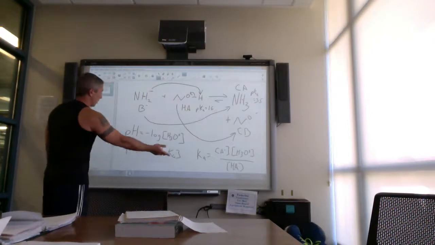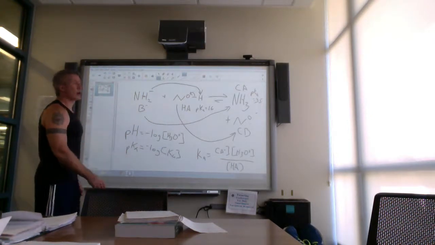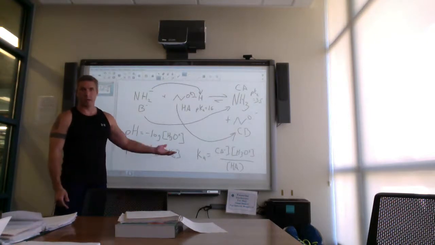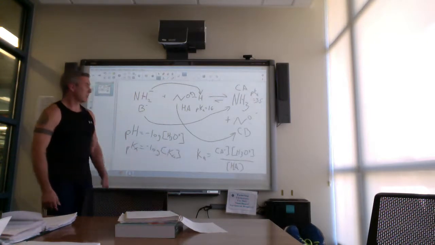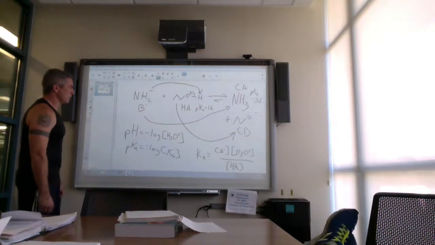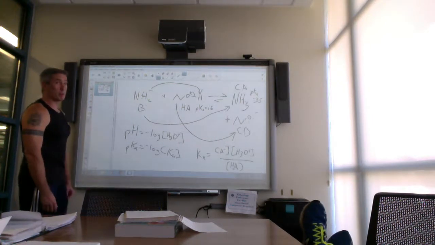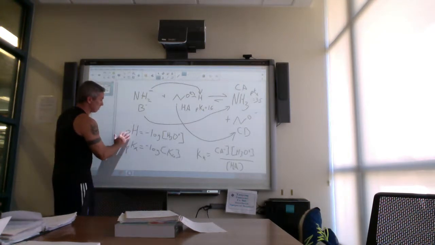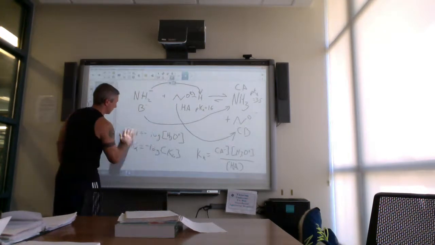With Ka, I can get pKa. I don't think you're going to do a lot of that, I'll be honest. You could be asked for concentration based on pH. I could have given you pOH. Remember what pOH is?